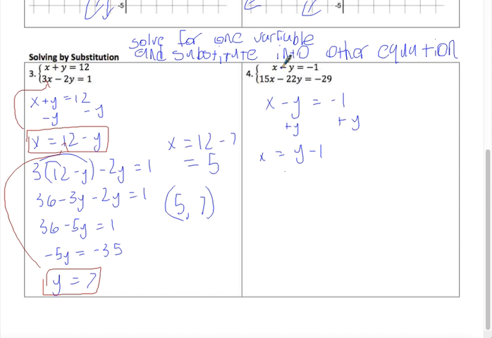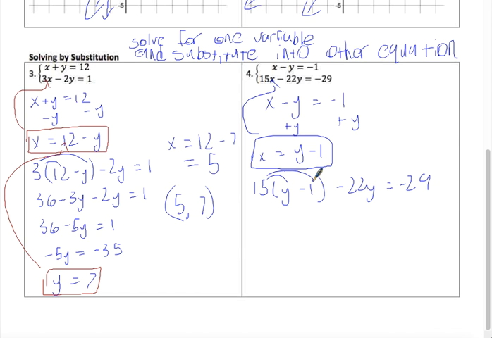So now I take y minus 1 and substitute it in there in place of x. So I have 15 times y minus 1 minus 22y equals negative 29. So 15y minus 15 minus 22y equals negative 29.